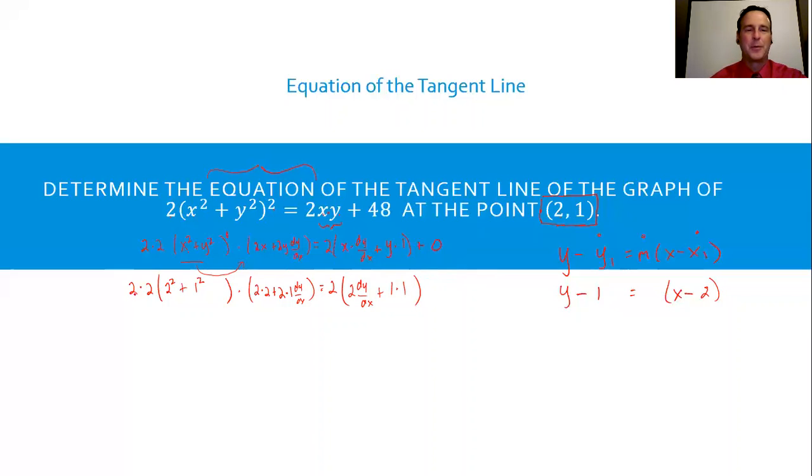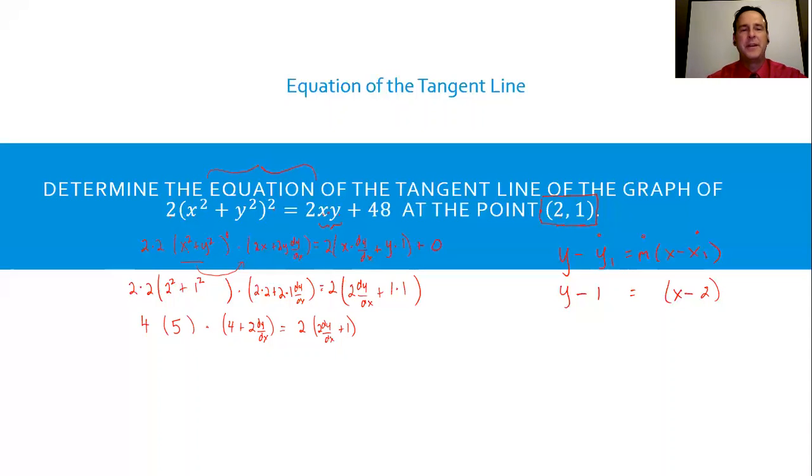And what I'm going to do is simplify a little bit. 2 squared is 4, plus 1 squared gives me 5. 2 times 2 is 4, 2 times 1 is 2 dy/dx. This side is 2, and this is 2 dy/dx plus 1.